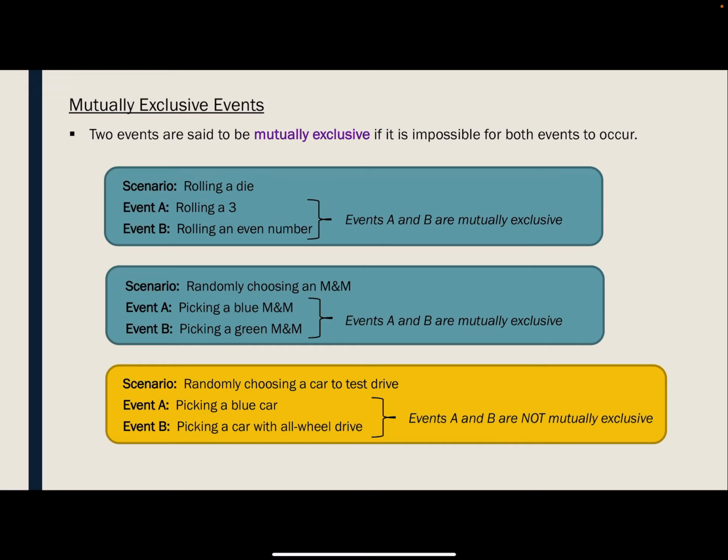There are plenty of blue cars with all-wheel drive, so those two events share outcomes, meaning they're not mutually exclusive. Basically, if you had a Venn diagram, there'd be nothing in the middle. The circles wouldn't intersect. They'd be completely separated.